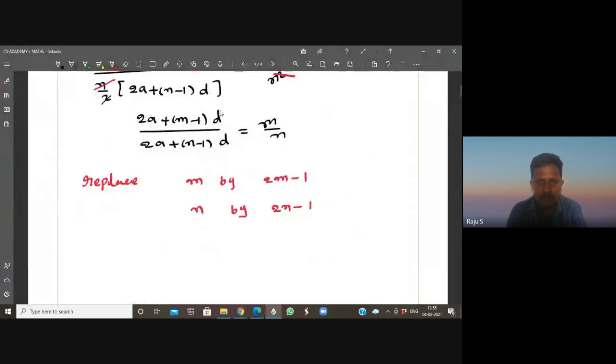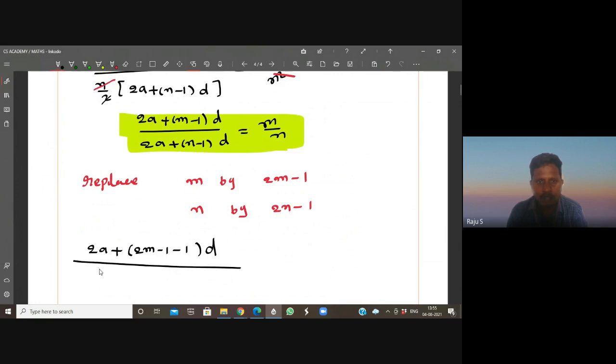So after simplification, we got this. Here I'm going to replace m by 2m minus 1, n by 2n minus 1. So then 2a plus 2m minus 1 into d by 2a plus 2n minus 1 into d is equal to 2m minus 1 by 2n minus 1.